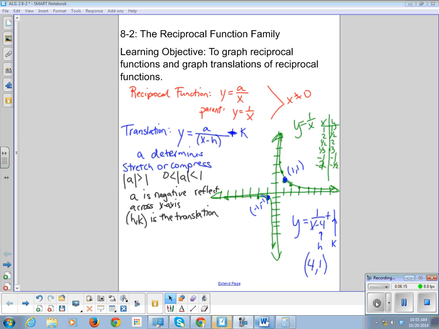So I've got 1, 1, and negative 1, negative 1. So I'm going to move to the right 4 units. If I took this point 1, 1, and I just went over 1, 2, 3, 4.